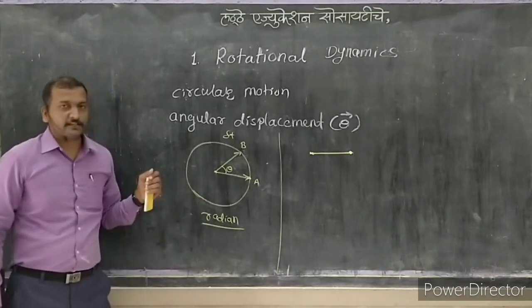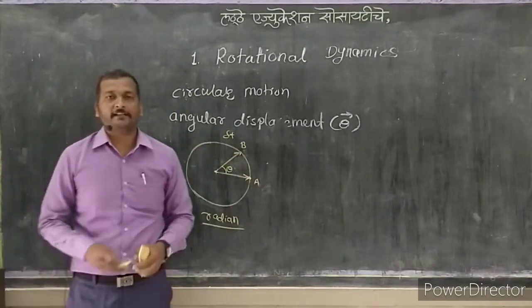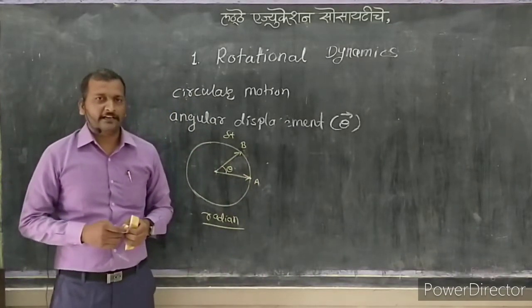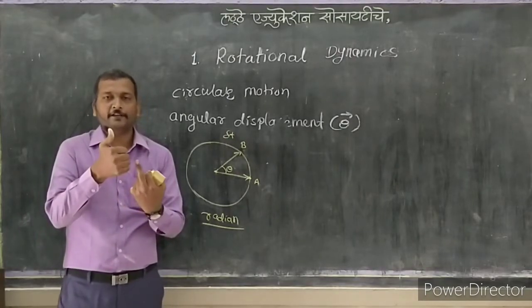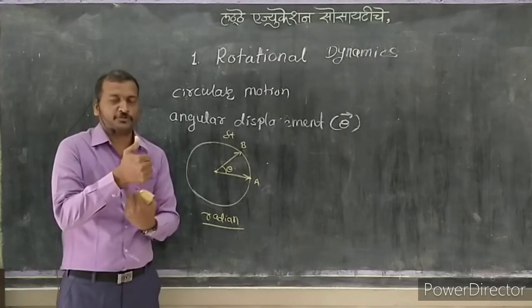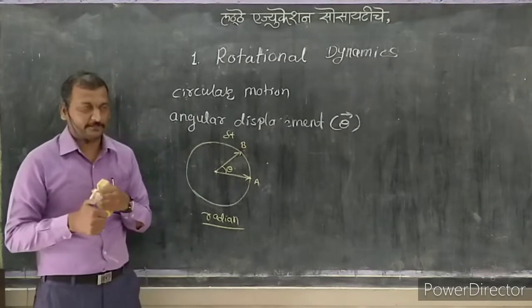Angular displacement is also a vector quantity. The direction of the angular displacement is calculated by the right hand rule. Right hand rule denotes, if the curled finger denotes the direction of the motion of the particle, then the thumb denotes the direction of the angular displacement.